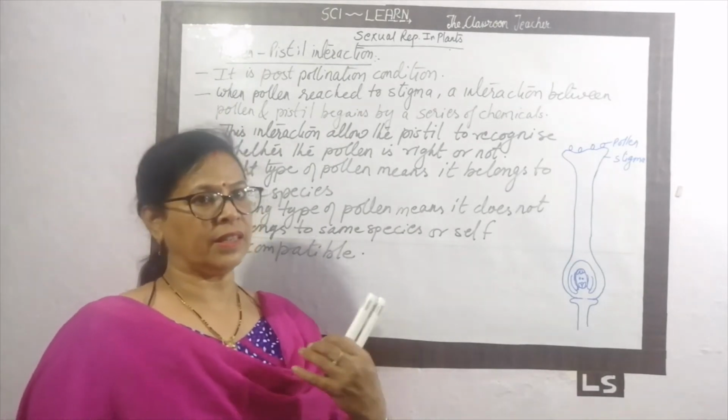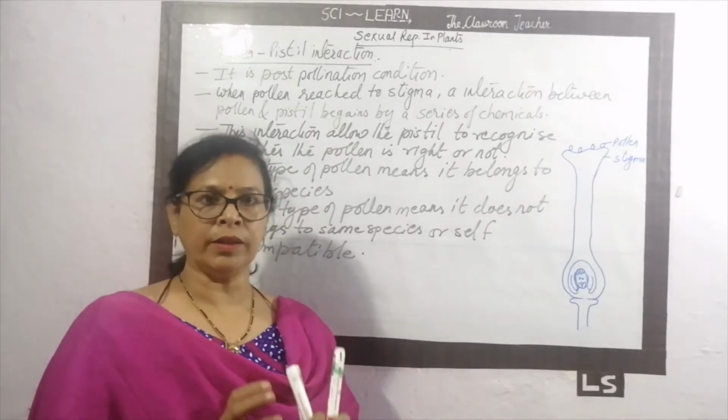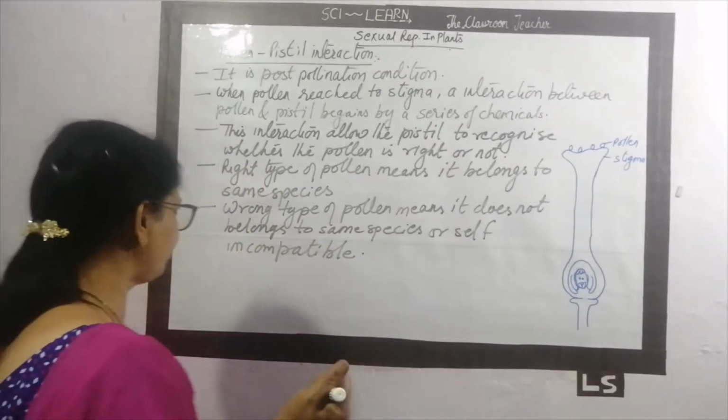If the pistil recognizes that the pollen is right, then what happens? If the pollen is wrong, the pistil rejects the wrong type of pollen.